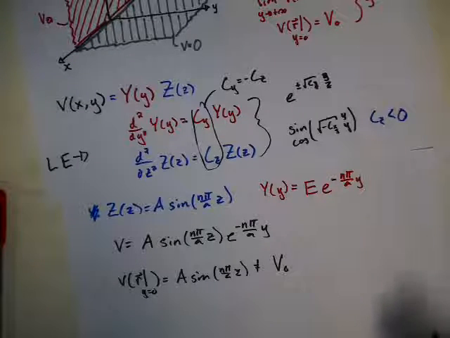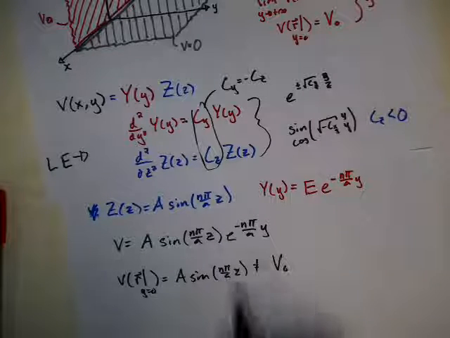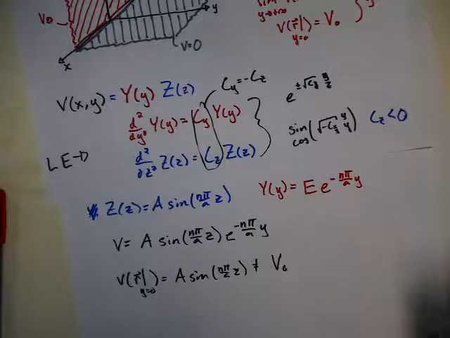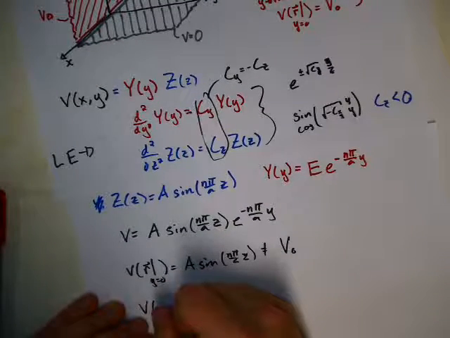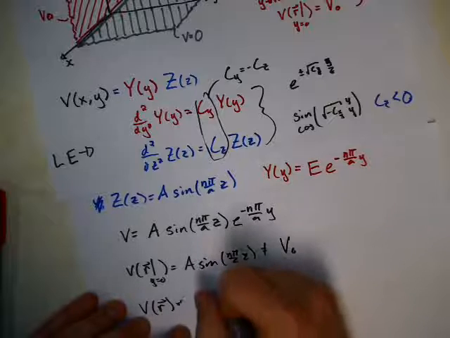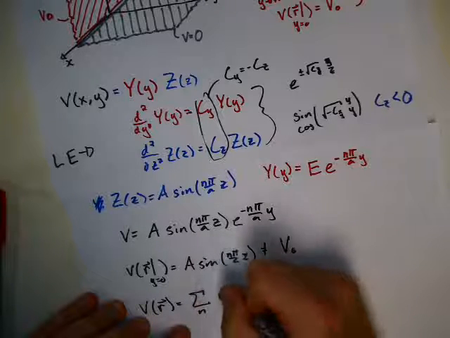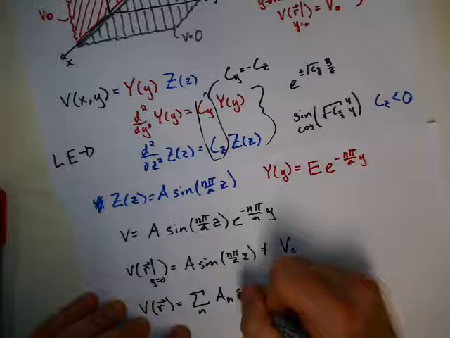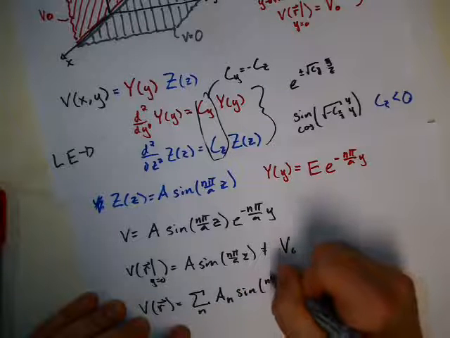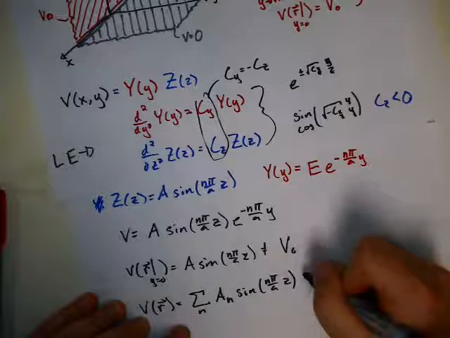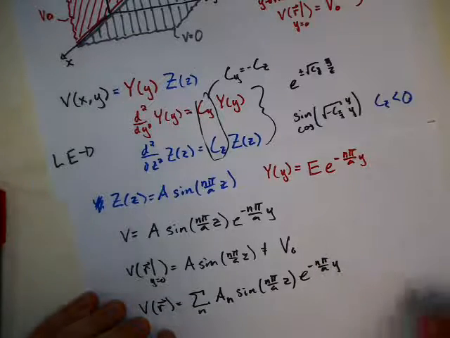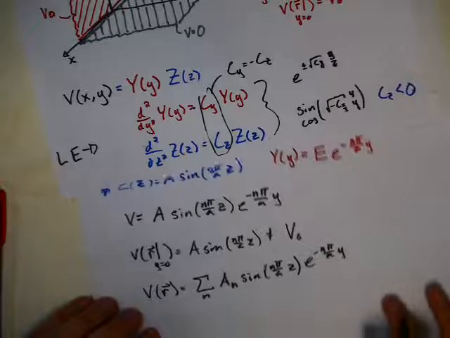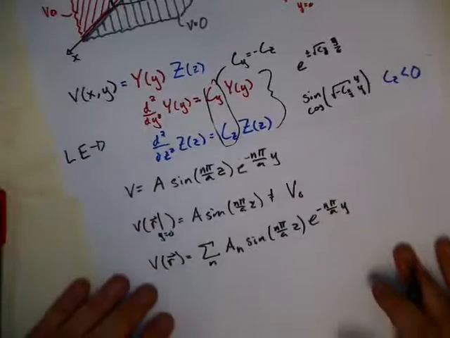So here's where we have to use a trick. We have solutions for any integer n, and we have the superposition principle. So truly for v, we should be able to write down something like this. v of r should be a sum over n of A n sine of n pi over a z exponential of minus n pi over a y. And now we're able to write down the problem a little more fully.